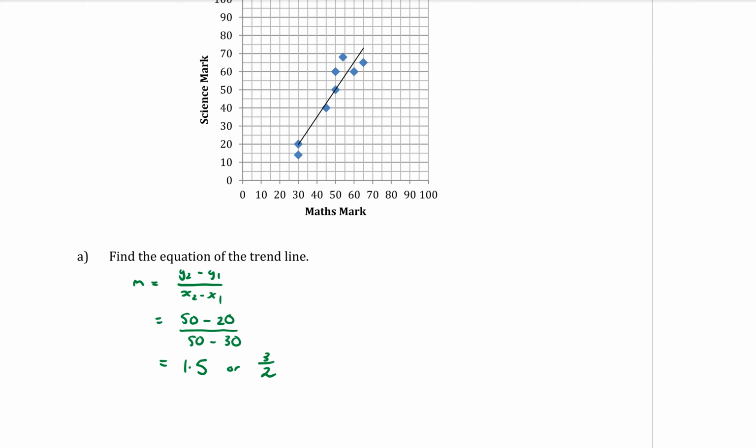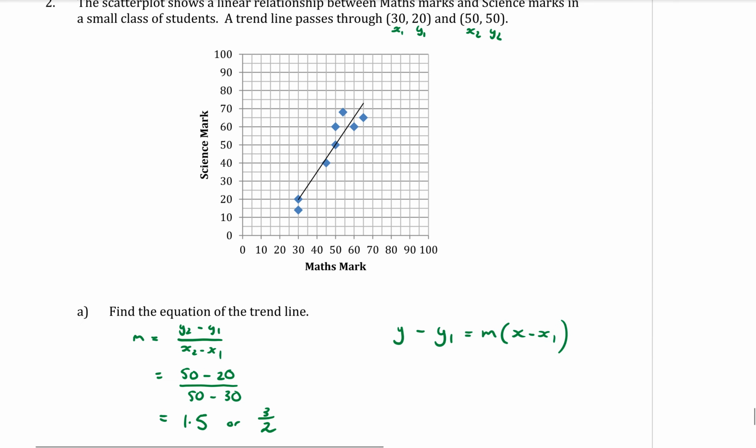That's the gradient. To find the equation, I now need my point gradient formula. y minus y1 equals m, bracket, x minus x1. So I'm going to use the x1, y1 as I've labelled them up there in the words of the question. So that's going to be y minus 20 equals, I'm going to use the decimal, 1.5 x minus 30.